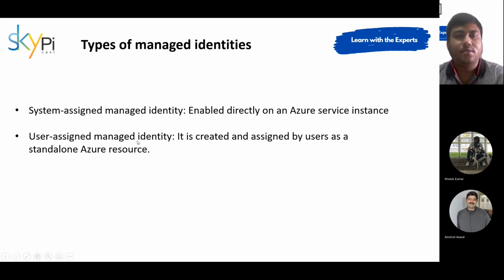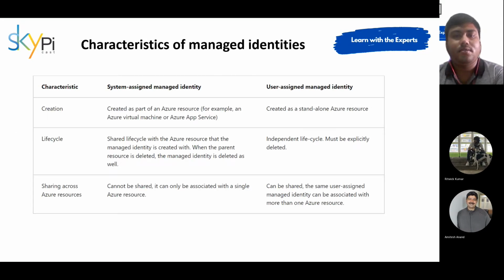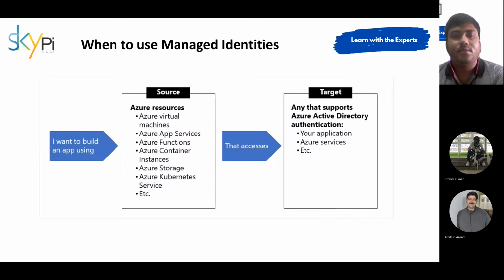So user assigned managed identity. Yeah, we talked about how it is created by a user, and a user has to go ahead and link that identity to a resource. So there is a concept of source and target in our system, so that after this we can understand things better.